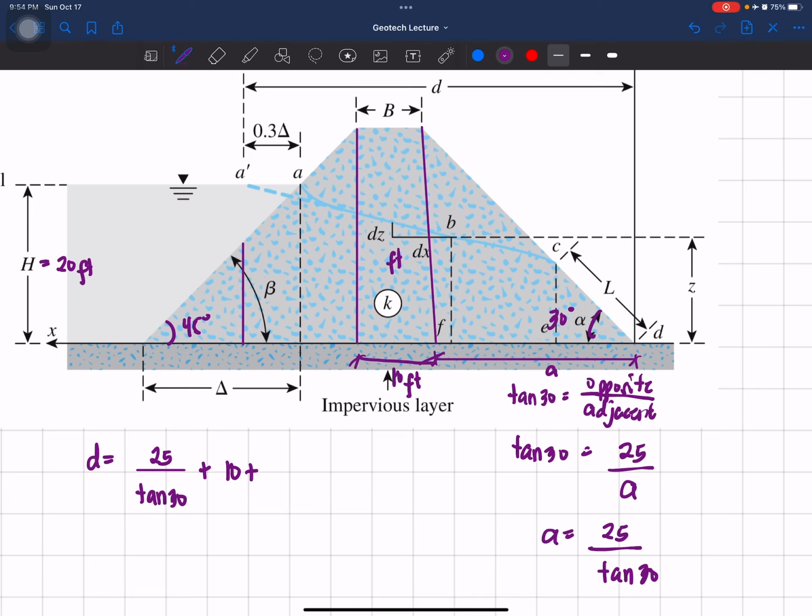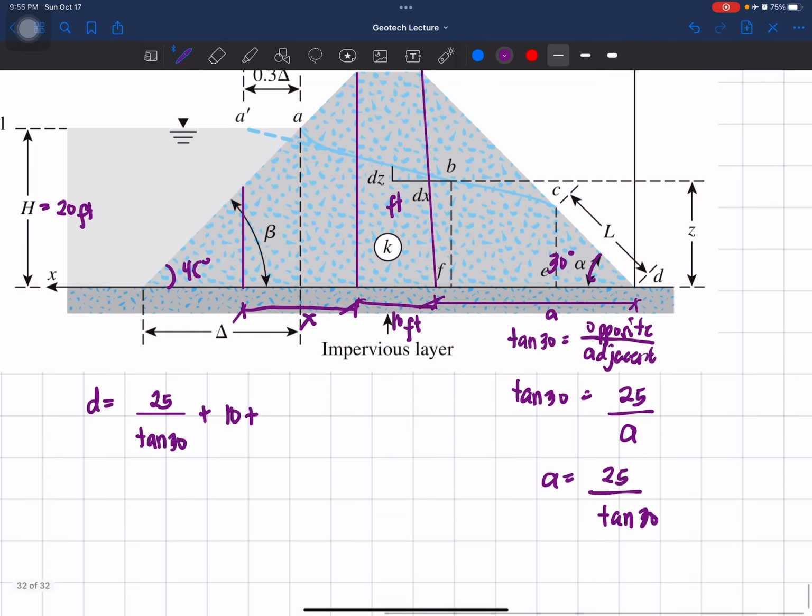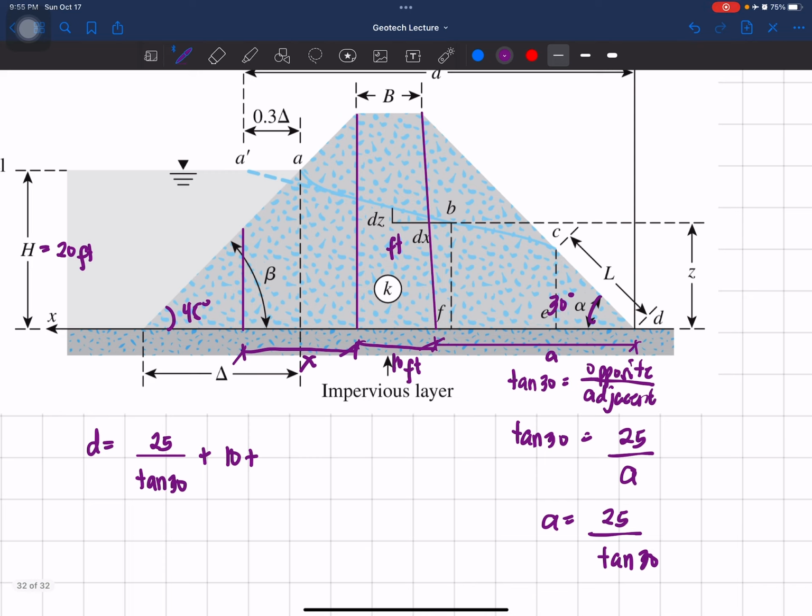Okay, next, mag-add tayo. How are we going to get this distance then? Okay, how are we going to get this distance? Okay, in order for you to get that distance, sabihin na lang natin that is X. Okay, X distance. Okay, your X distance is actually equal to, I'll erase na ito, ha.